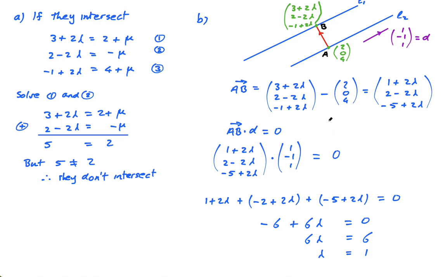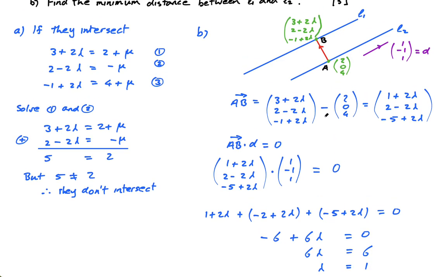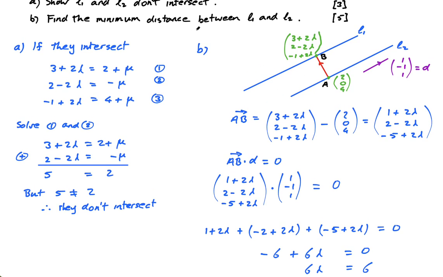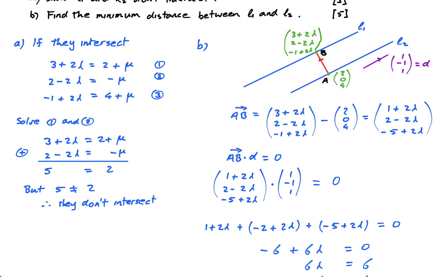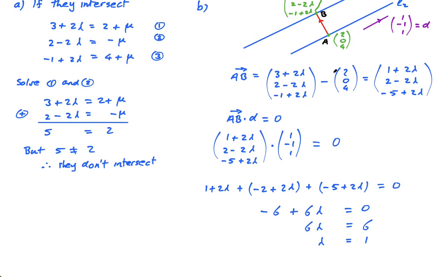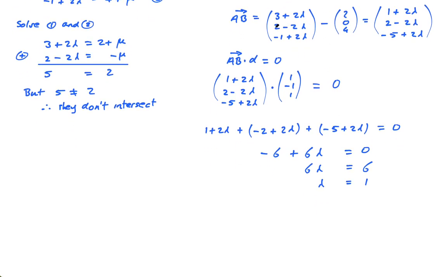Okay, what were we even trying to find? We're trying to find the distance between L1 and L2. So we're actually trying to find the length of AB. Therefore AB is equal to, I'm going to sub 1 in here for λ, so it's 1 + 2, 2 - 2, and -5 + 2.